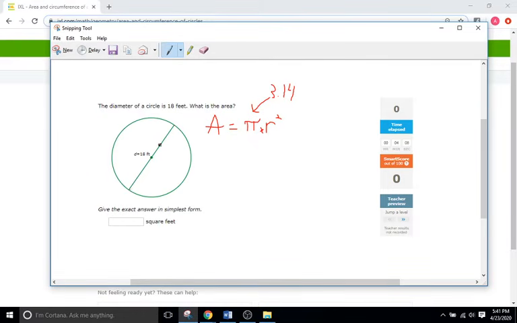And since there are two radii in one diameter, that means that the radius is just going to be half the diameter. So this length here is just going to be half of 18, which is going to be 9. And the radius here is also going to be 9. Radius is radius. That means r is just going to be 9.